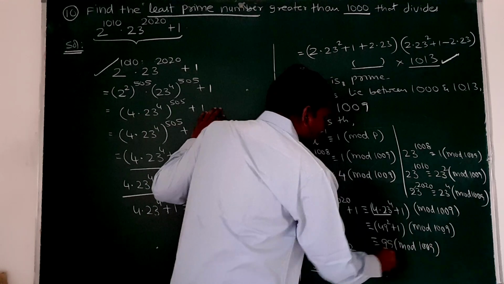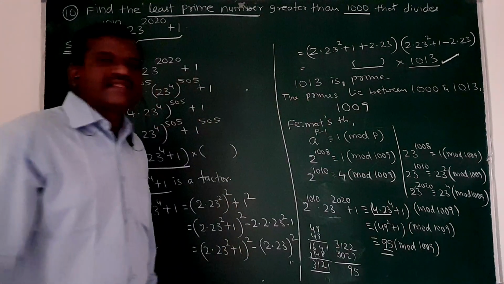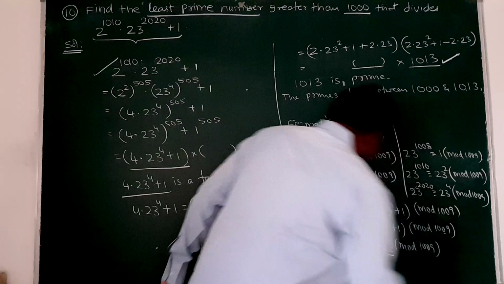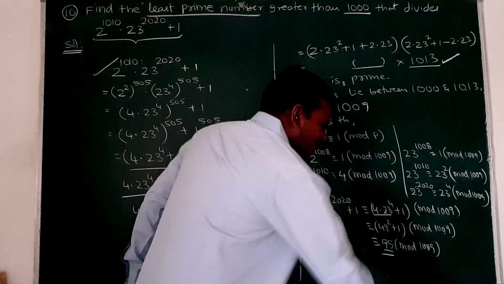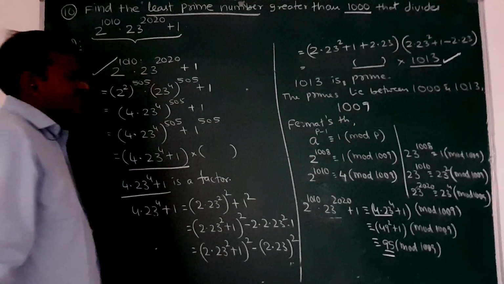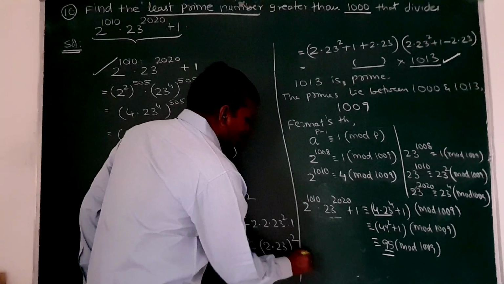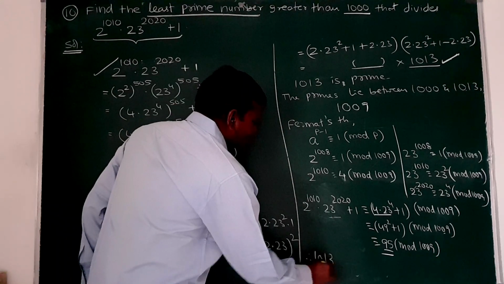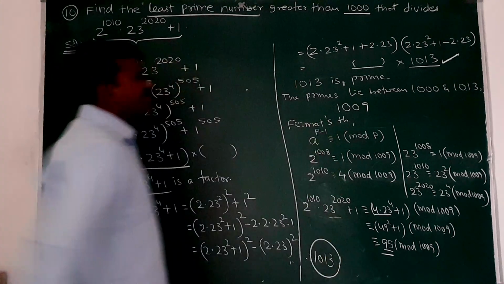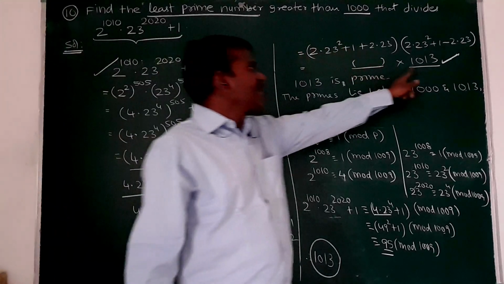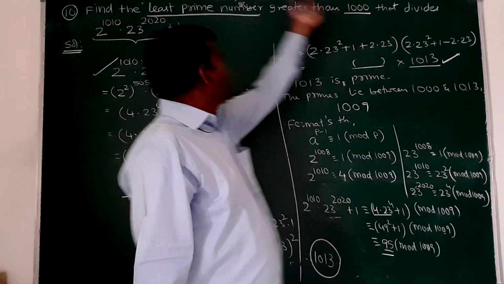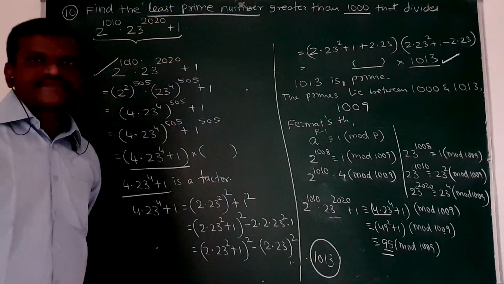Therefore 1009 cannot divide the given expression. So that's why the least prime number which divides is 1013. 1013 is the least prime number greater than 1000 and it divides the given expression.